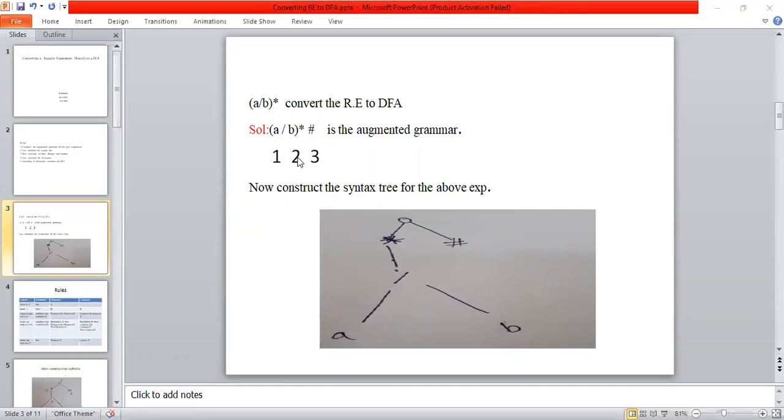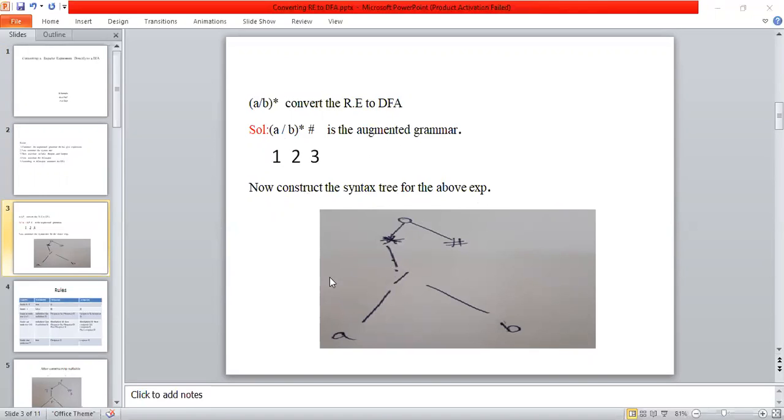So these are the numbers for my given symbols. Rule 1, the augmented grammar, is over. According to rule 2, based on this augmented grammar, construct the syntax tree. This is the syntax tree for my expression.